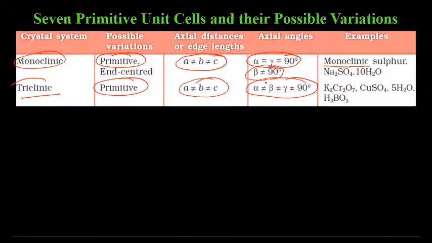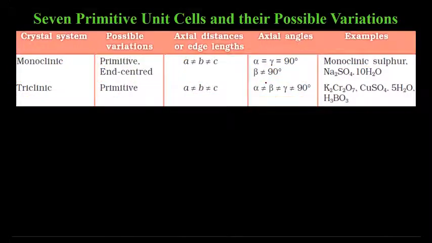So effectively, you have to remember only two. Only two will be difficult to memorize. The last one is very easy. Even monoclinic is easy. Here, just one thing you need to remember, that alpha equals gamma equals 90 degrees.